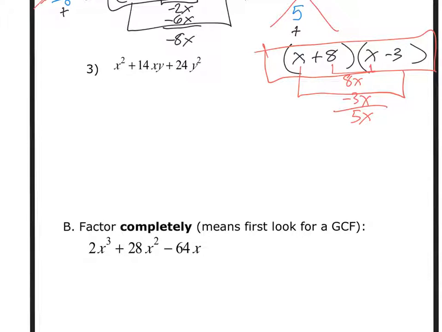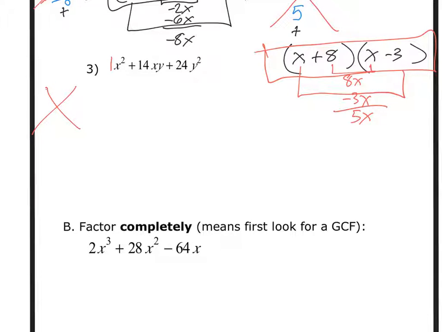Number 3. Let's check it out. Ooh, I see the sweat coming down, because people are like, oh no, what do I do? I got a y. What do I have to do now? Don't panic. Nothing different about this. Nothing's changing. So I have my invisible 1.